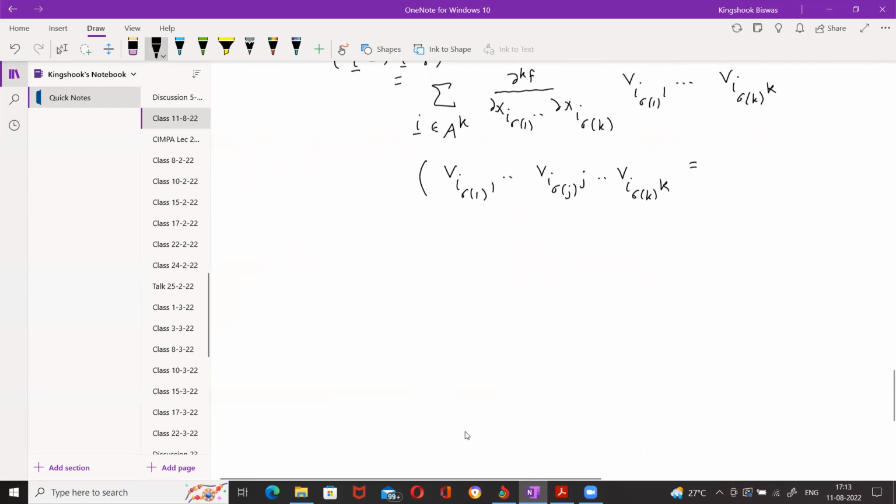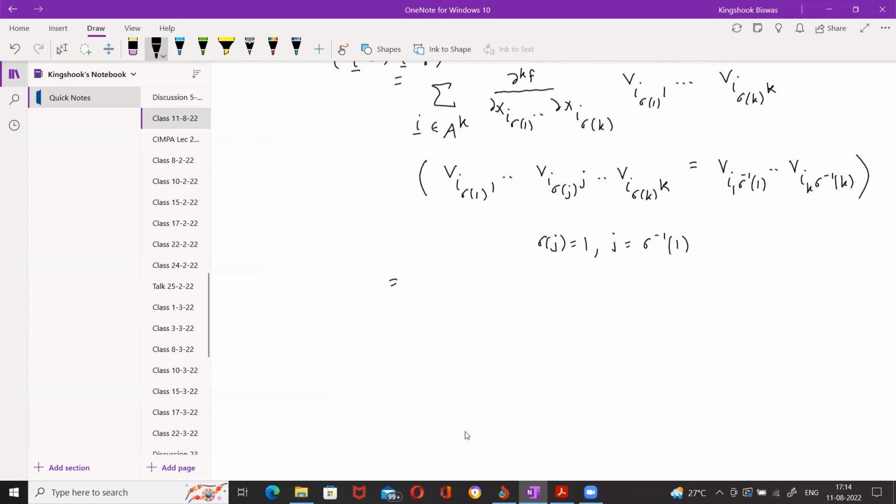So when sigma j is equal to 1, let's say, then that means that j is equal to sigma inverse 1. So this term here will become v_{i1, sigma inverse 1}. So this whole product therefore will become v_{i1, sigma inverse 1} up to v_{ik, sigma inverse k}, right? Yes.